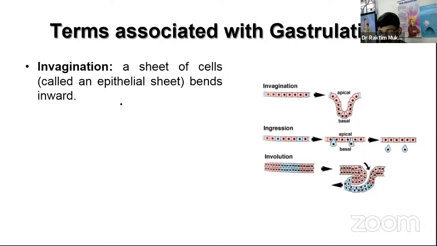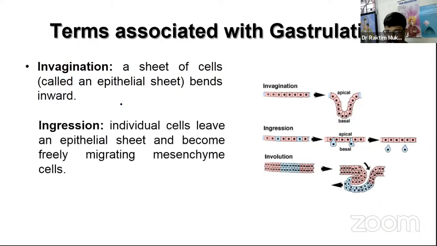The sheet bends inward. Invagination is just like you are walking, and then all of a sudden there is a lid of the gutter which is open, or a manhole, you fall. You can imagine, you have the sheet of cells which bends inward. That is invagination.